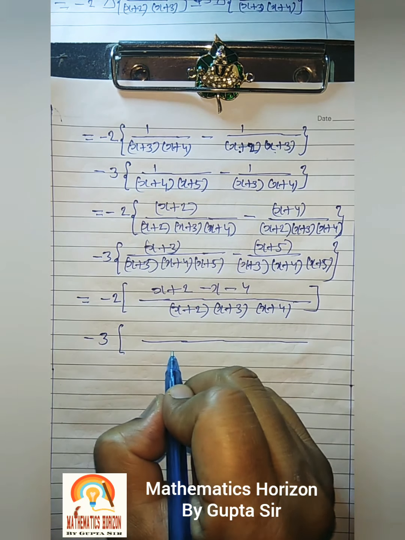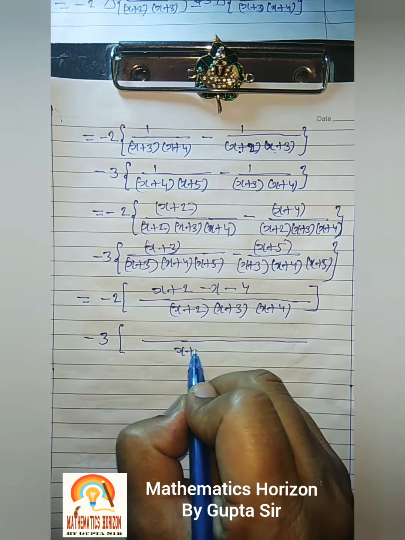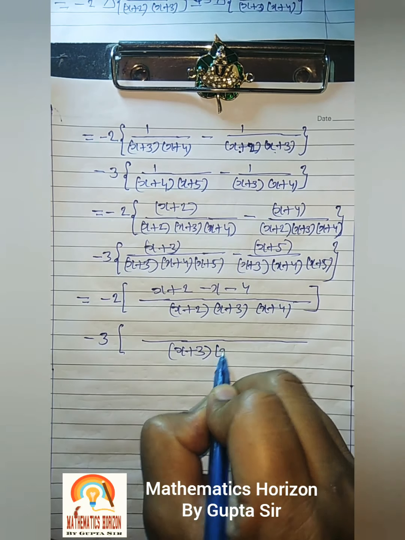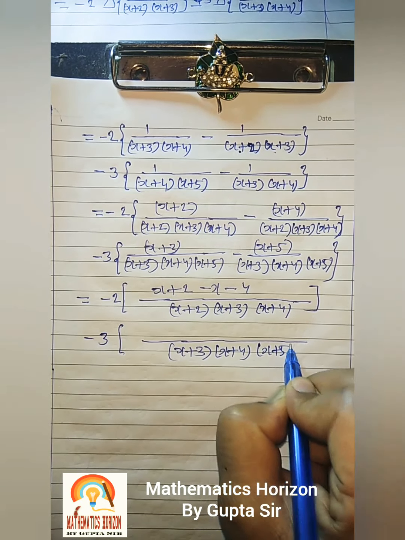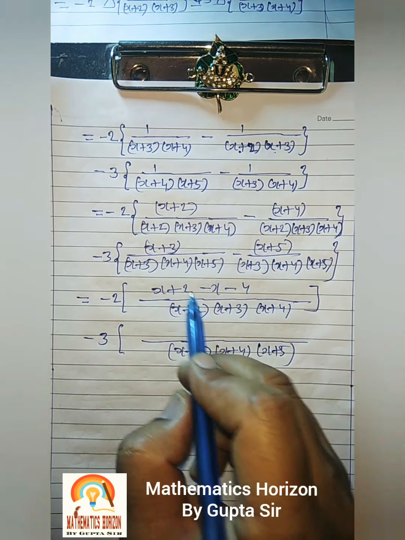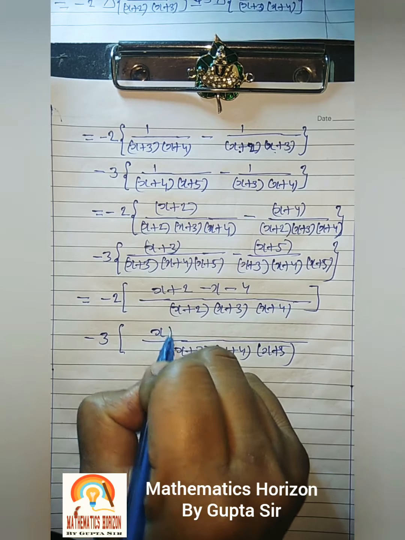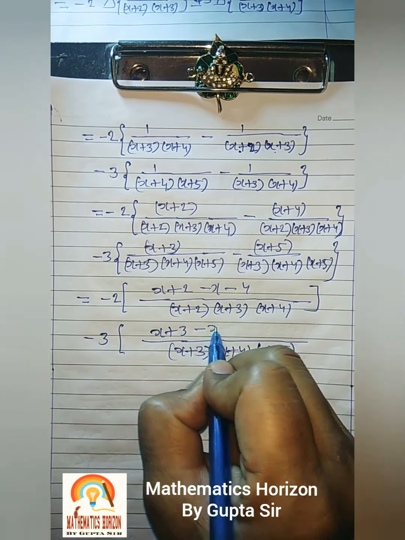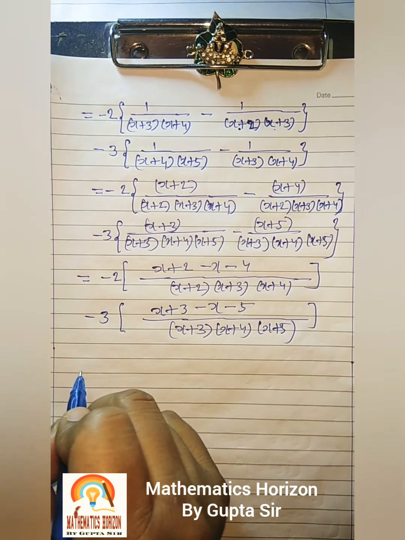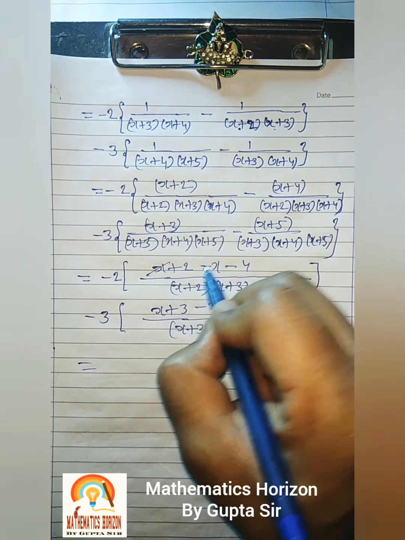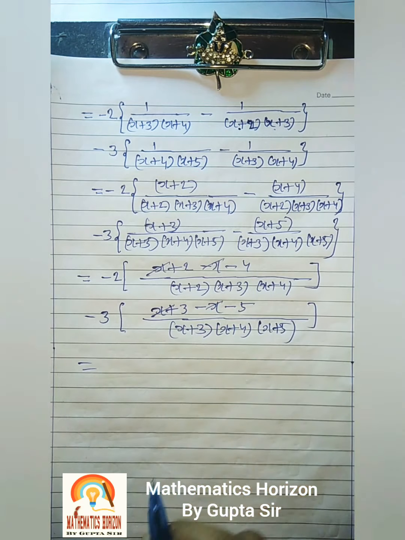Here in second term we have LCM x plus 3, x plus 4, x plus 5, and we have x plus 3 minus x minus 5. Okay, these two cancel out, these two cancel out.